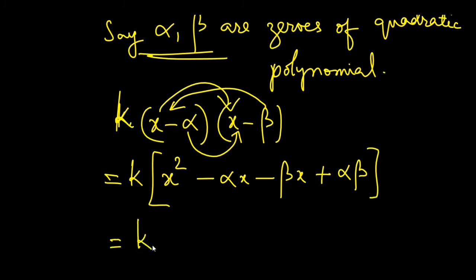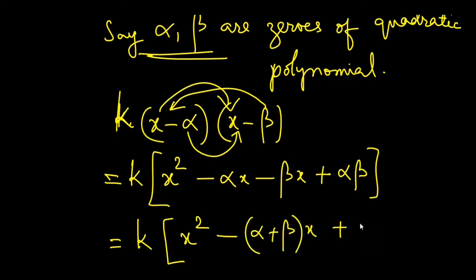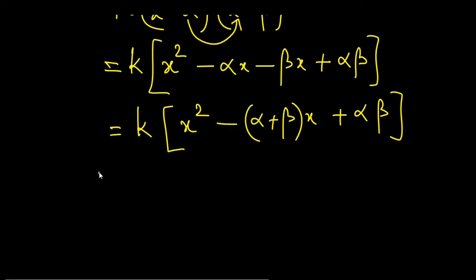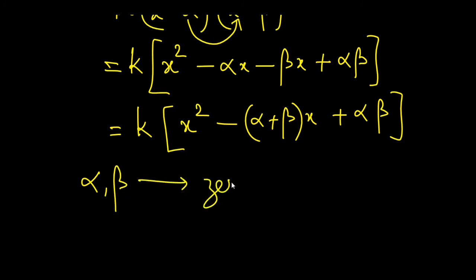This becomes k into x square. Here the x term can be simplified as minus of alpha plus beta into x, plus alpha beta. We have taken alpha beta as zeros. We have written the polynomial having zeros alpha beta.